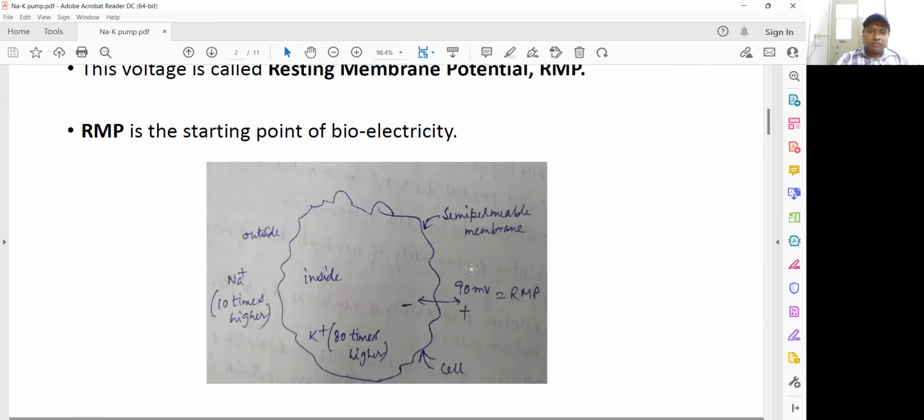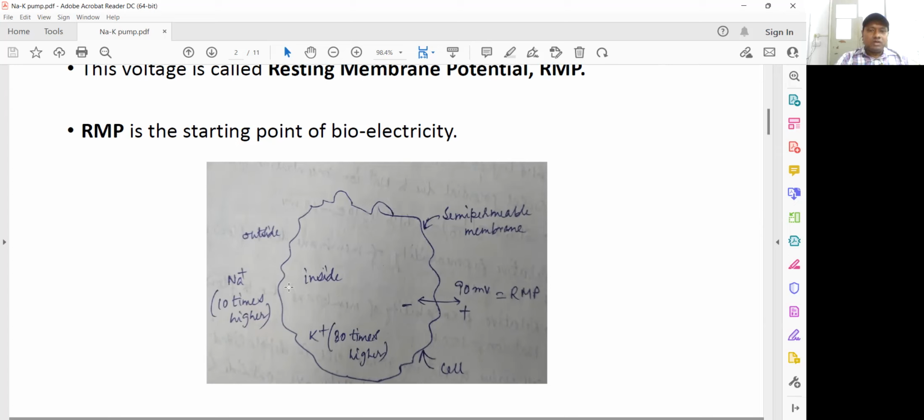Due to this virtue, the potassium ion concentration inside the cell is 30 times higher than outside. And due to the same virtue, the sodium ion concentration is 10 times higher at the extracellular fluid than inside.